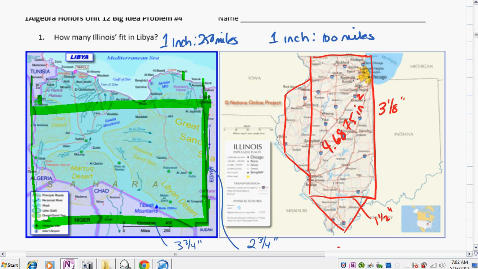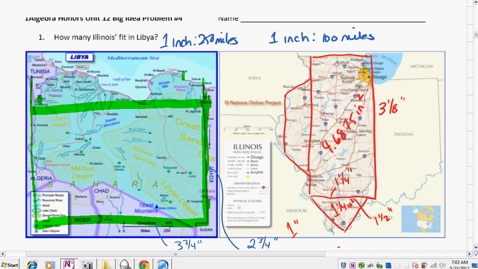Now to find it for my triangle, I need the height and the base, and then I divide by 2 and multiply by half. Same thing. So that's 1 1/4 inches. The height, about 1 inch. So the area there would be 1 1/4 inches squared.